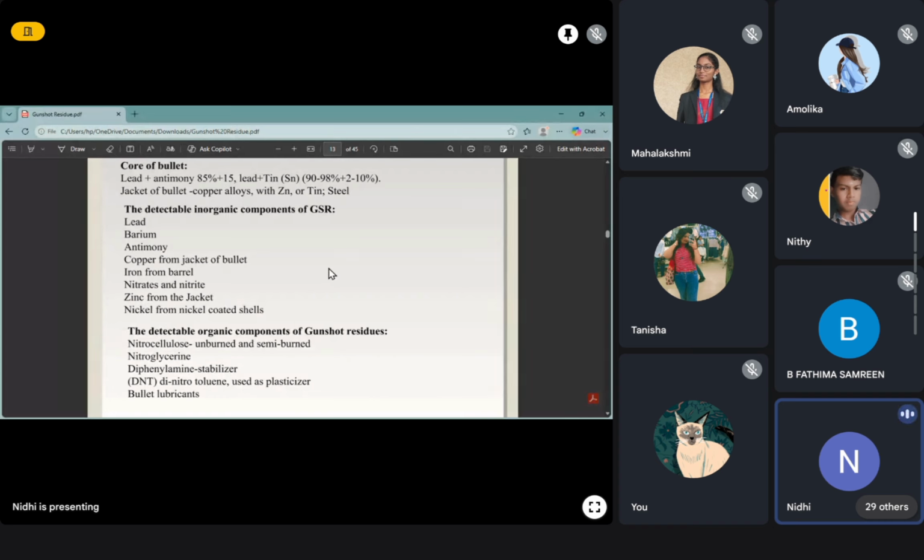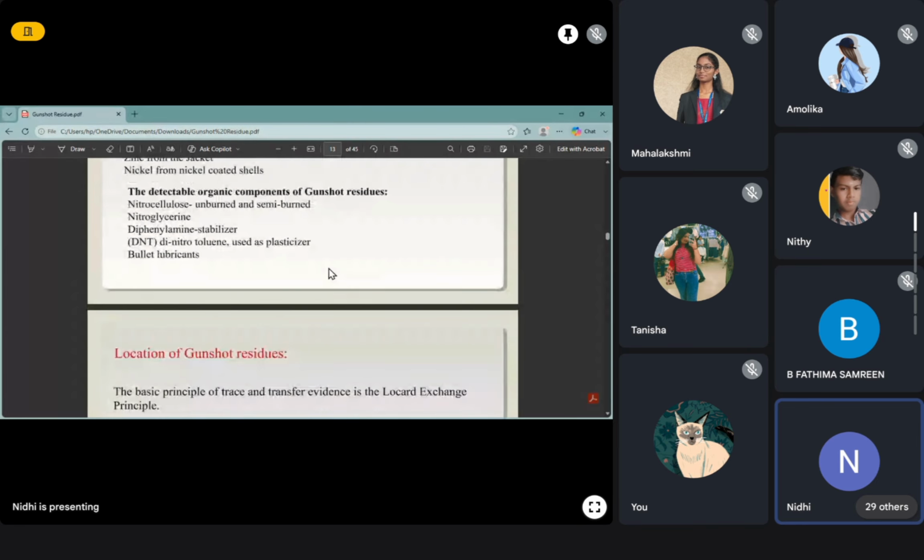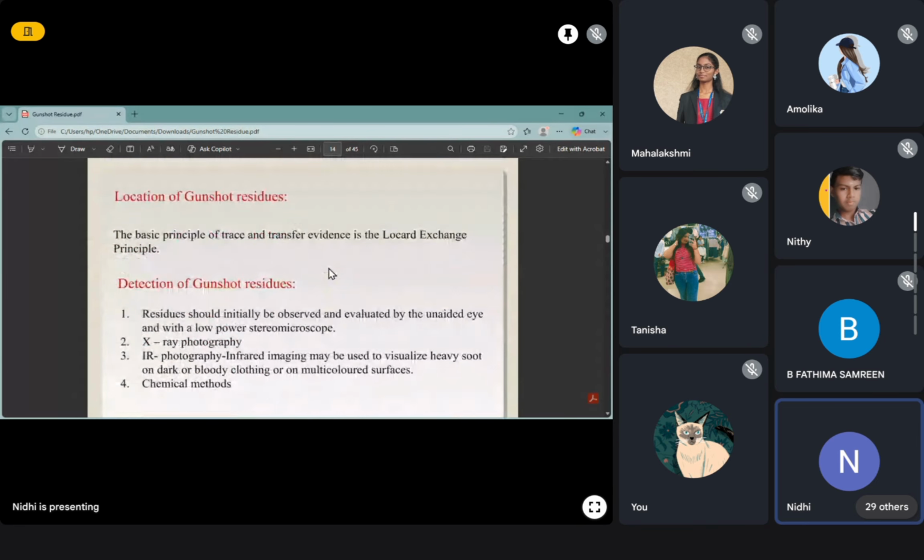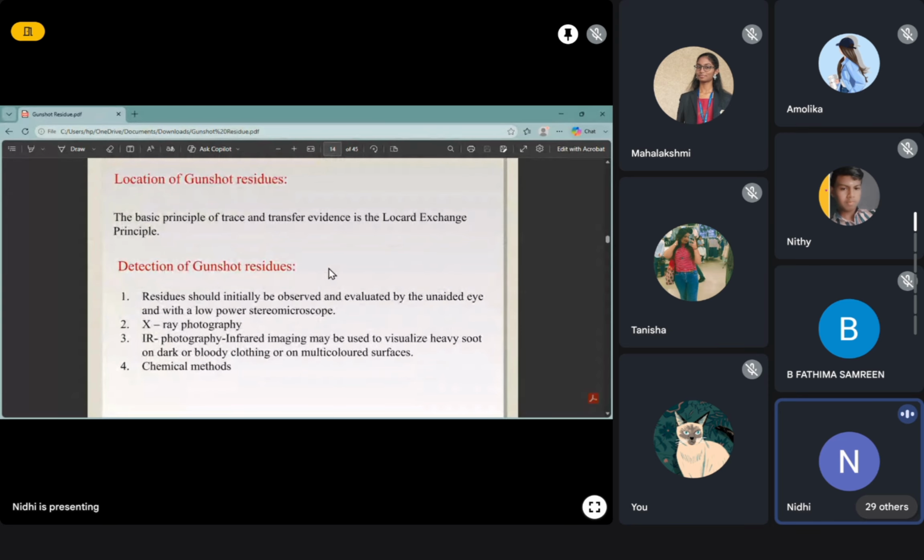Then the detectable organic components of gunshot residue are nitrocellulose, which is unburned and semi-burned, then nitroglycerin, diphenylamine stabilizer, DNT dinitrotoluene, which is used as a plasticizer, and bullet lubricants. Then we have already seen the locations where we can find the gunshot residues.